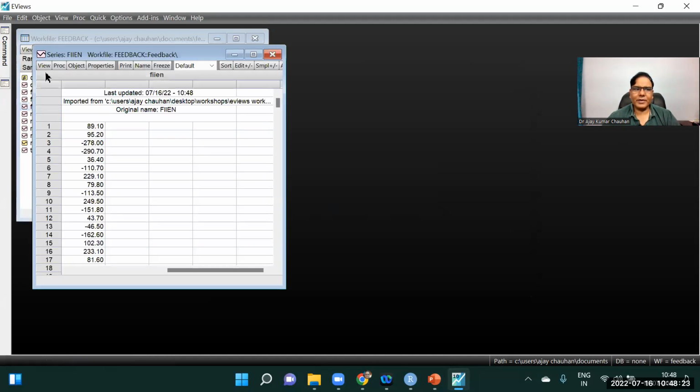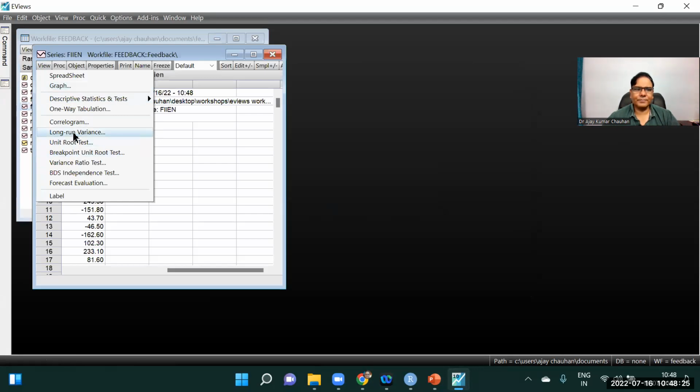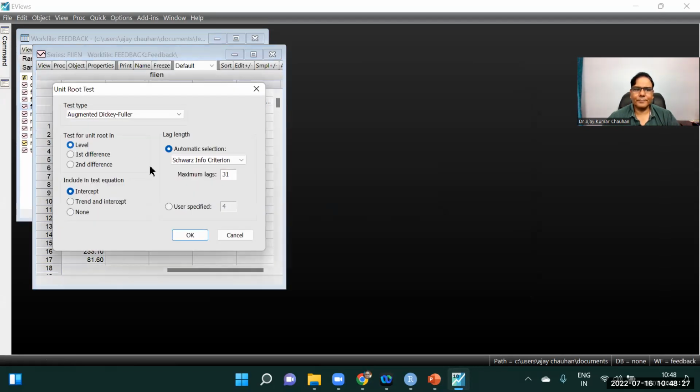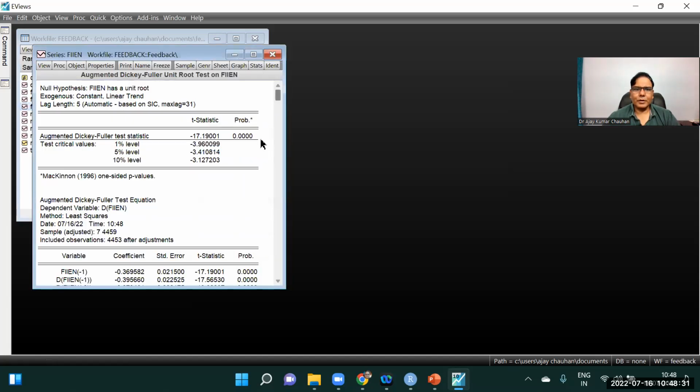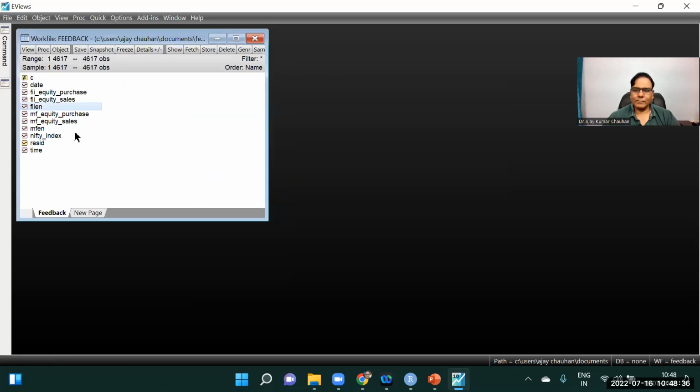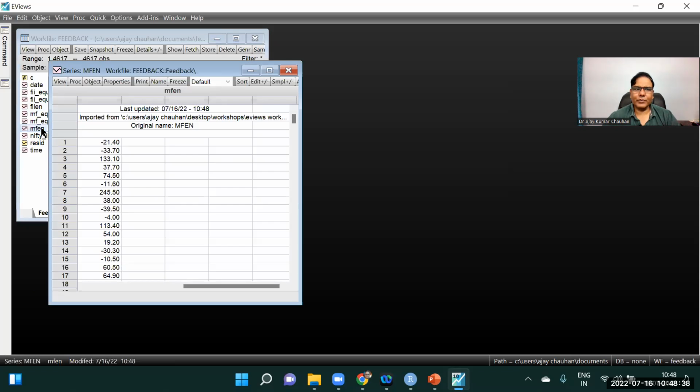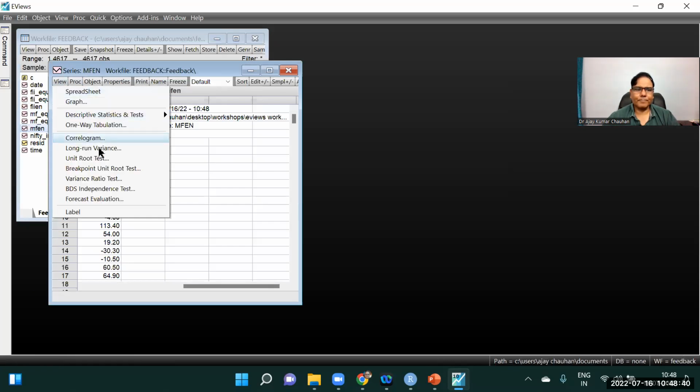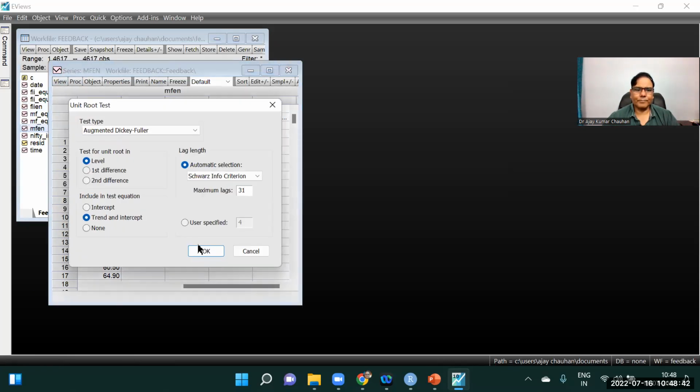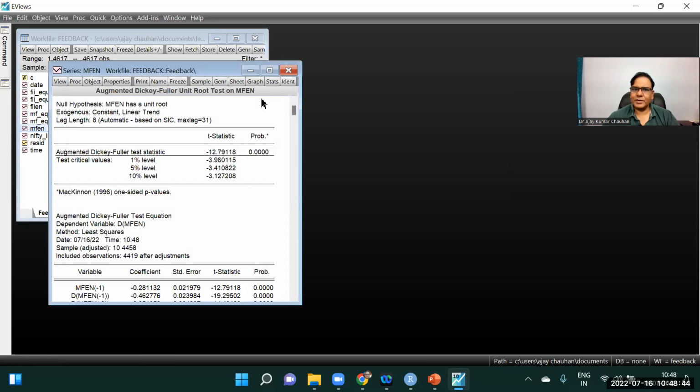Here FII is a stationary series. If I check it, it is found to be stationary. The mutual fund equity investment is also found to be stationary.